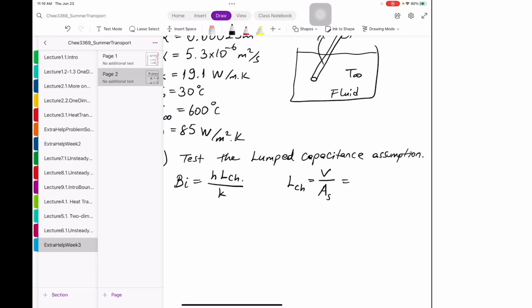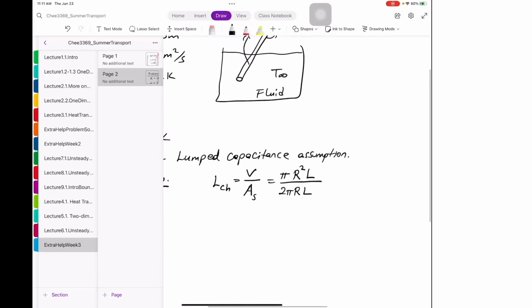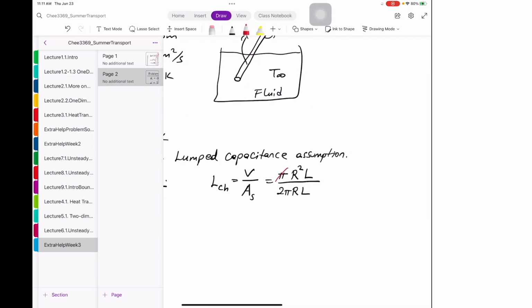For the cylindrical geometry, I have pi r squared L over 2 pi R L, right? That's the surface area. And after the simplifications, I get R over 2 for this cylinder.